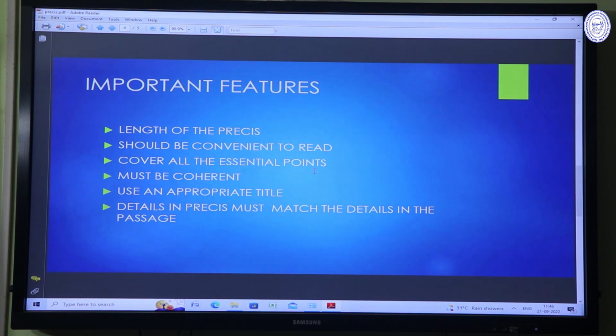So, your information and your facts should be verified alongside the main passage. That is very important. You cannot create your own information or your own data. Your data, your tally, your information should be the same as found in the main passage.